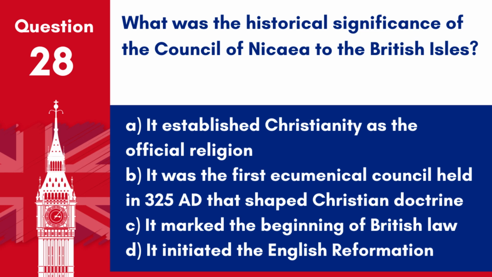D. It initiated the English Reformation. Answer: B. It was the first ecumenical council held in 325 AD that shaped Christian doctrine. While the Council of Nicaea did not take place in the British Isles, its decisions had a profound impact on Christian practice and doctrine throughout the Roman Empire, including in Britain.